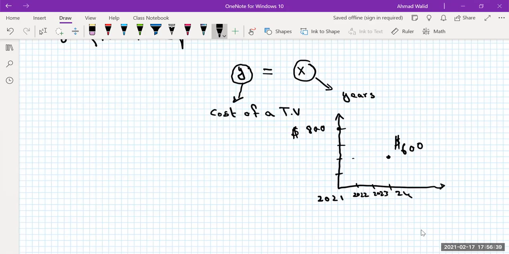By having these two points, believe me, I can write an equation for you, and that equation can give you an estimate of what will be the cost of your TV after 10 years, in 2030. How much will be the value of the TV that you bought today at $800?